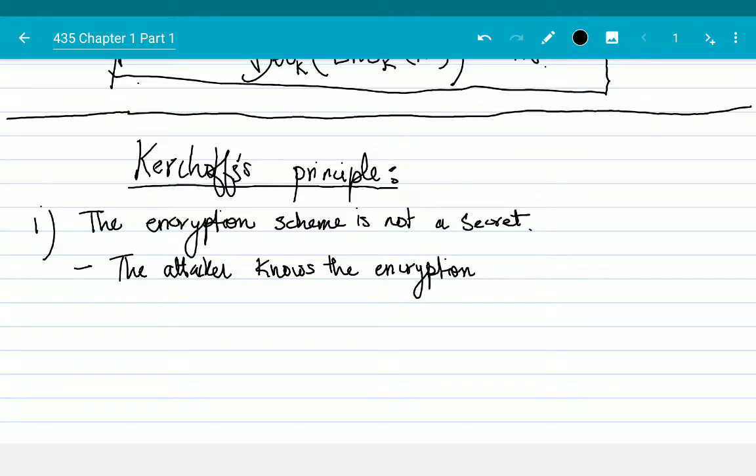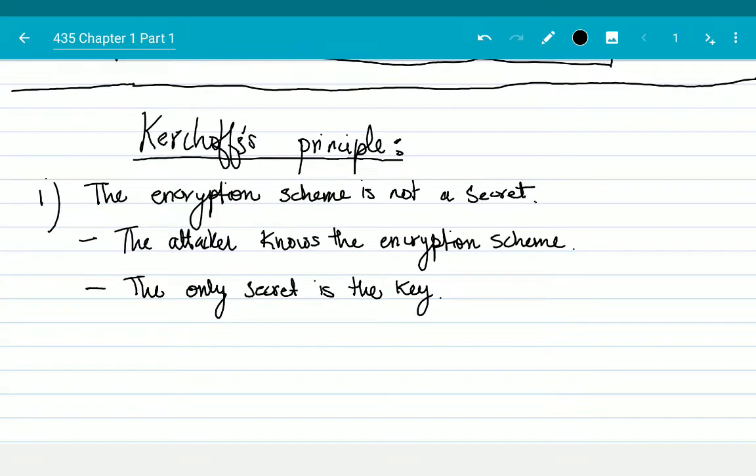The only secret is the key. And the key must be chosen at random and must be kept secret.